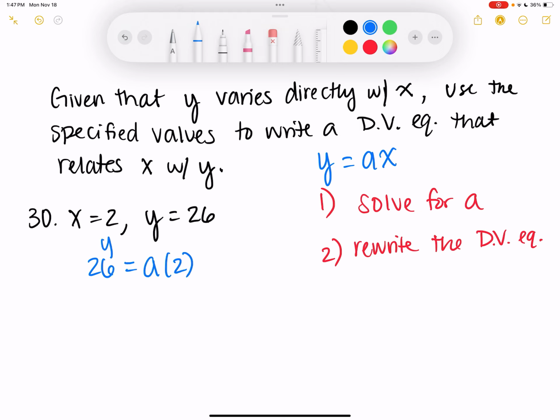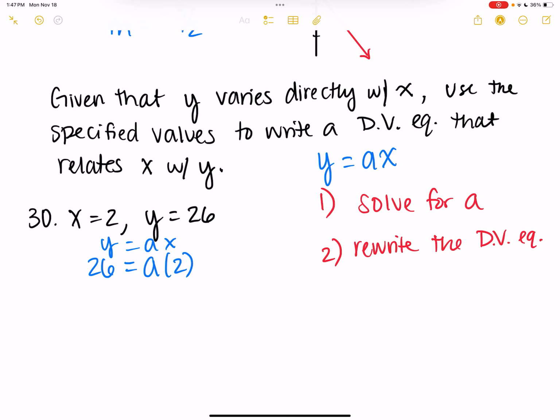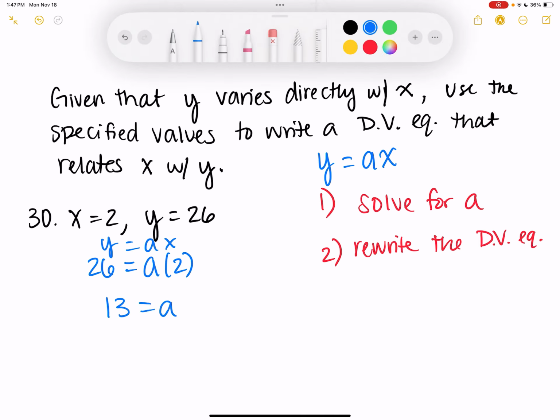So this just went into y equals ax. If I want to get a by itself, what do I need to do? Divide by 2. What's 26 divided by 2? 13 equals a. This is only part 1. Oftentimes my Algebra 2 students stop here.